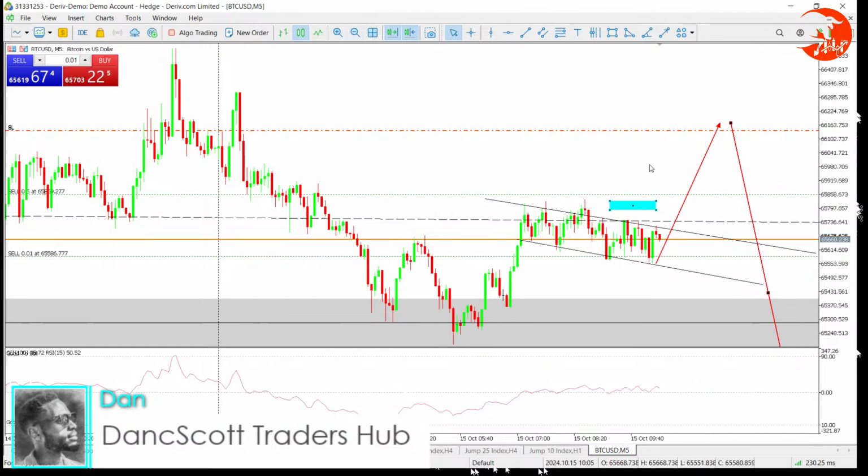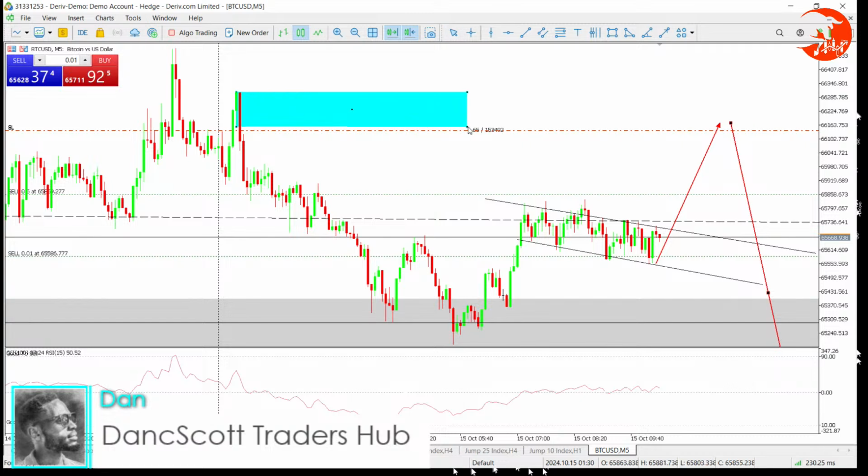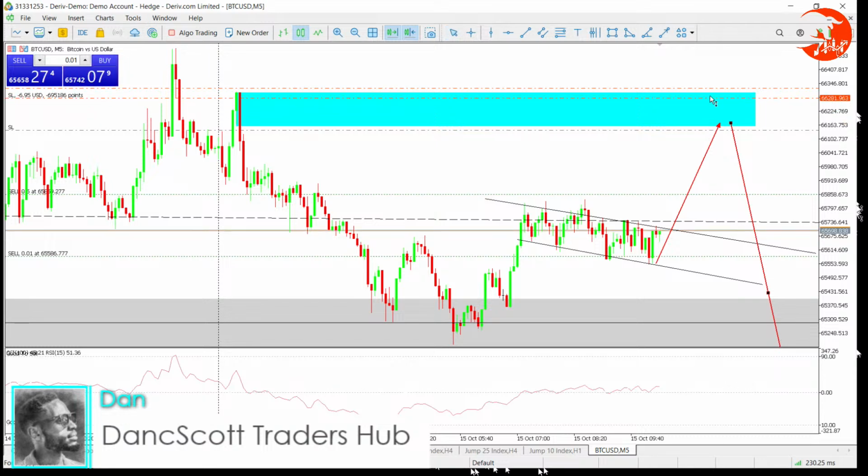Let's look at that. Yeah, it will be an order block on M5. So that's where you want to be. I would clearly put my stop loss above that M5 order block, and then I will wait, because that's clearly where we may see the pullback come back to.